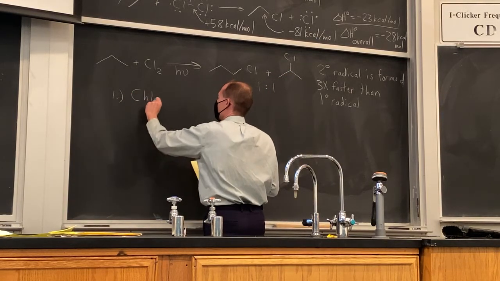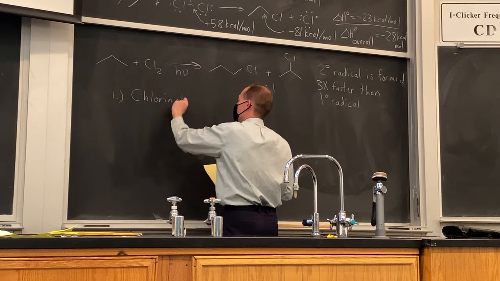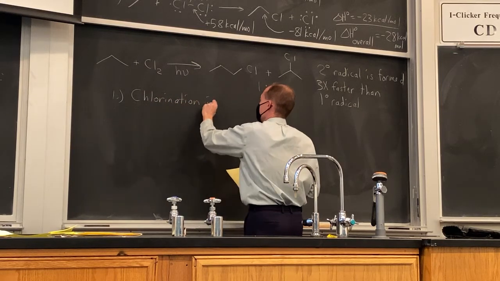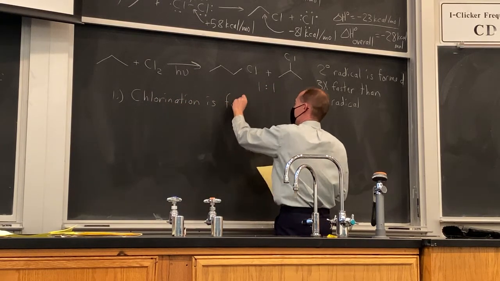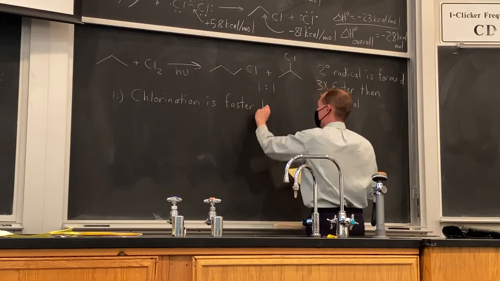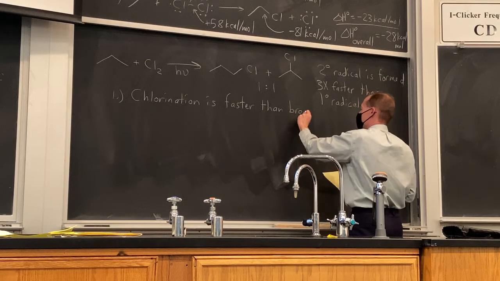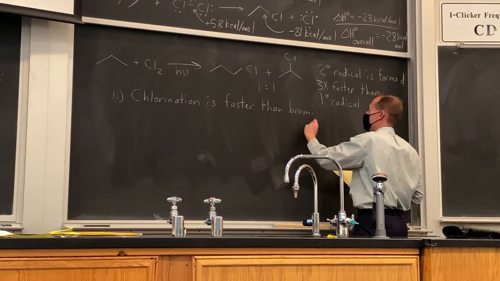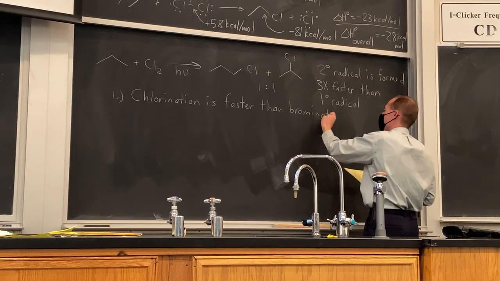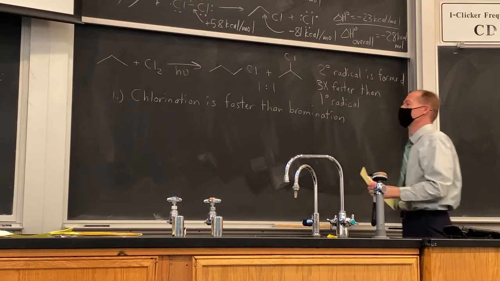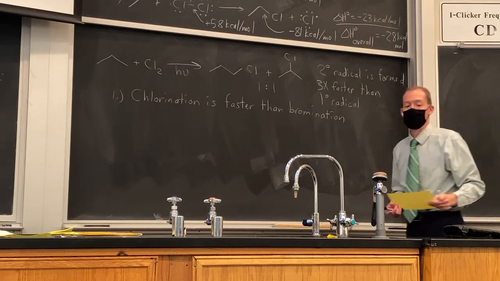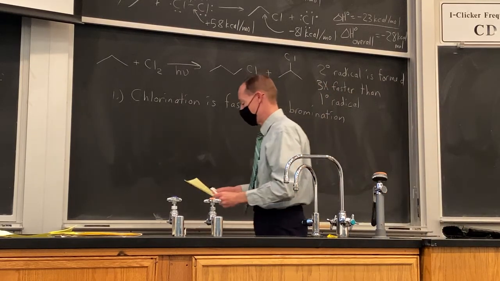One, chlorination is faster than bromination. The difference is actually pretty significant. I don't have an exact number, but it is probably on the order of 10 times faster or more. It's a pretty significant difference in reaction rate. So bromination is going to be much slower.